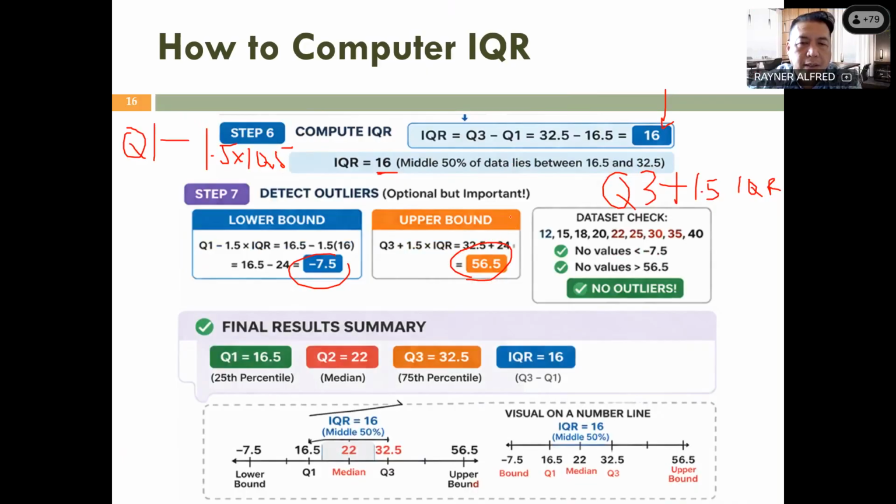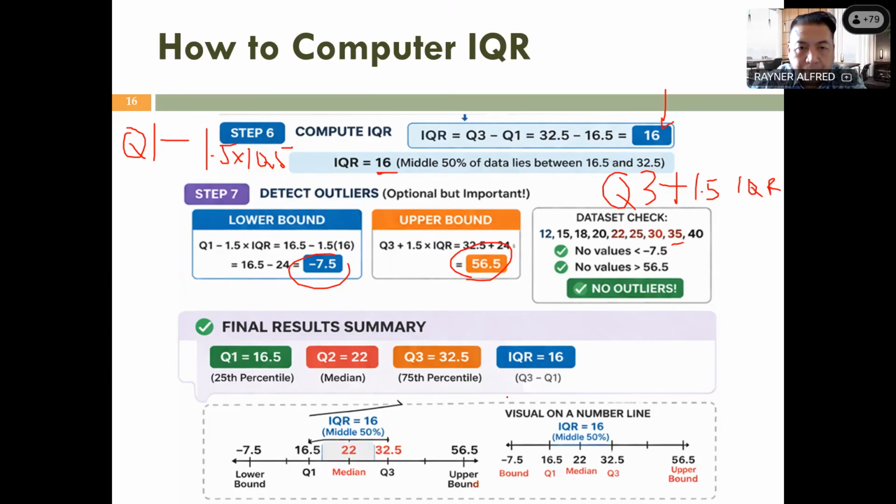So since all the data is within this range, we say that there are no outliers. So the final result is this is your line for Q1 is 16.5, Q3, this IQR is 16, okay, and so on.